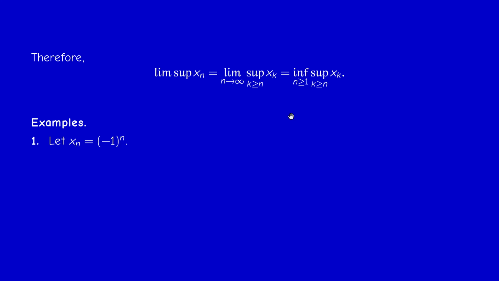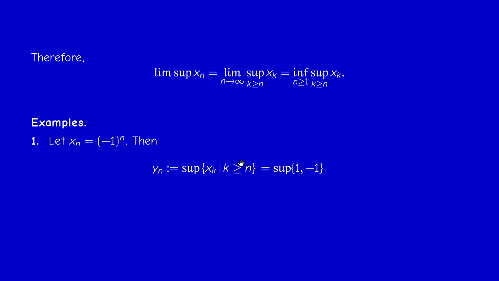If you consider the alternating sequence minus 1 to the n, so yn, I go back to the definition. Yn is the supremum of xk, k bigger or equal than n. But the set now is just formed of minus 1 and 1. This set is finite, it just contains 2 elements.